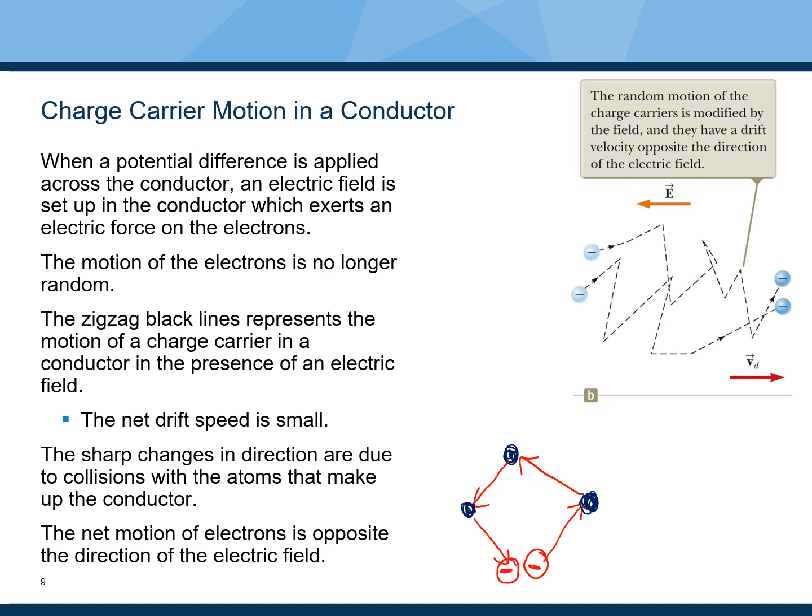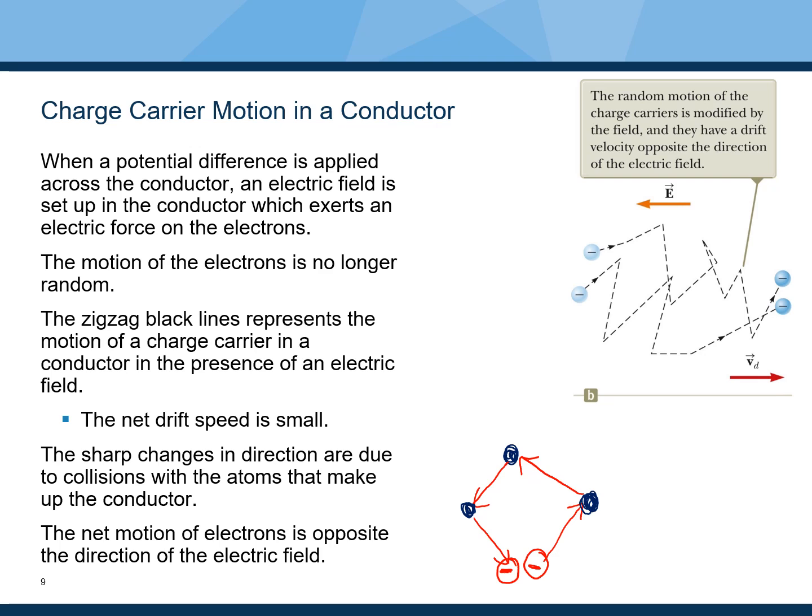So unless there's an external applied electric field, this electron is not going to move very far from its original location, even though it is moving at a very high speed, and even though it is having a great number of collisions with the atomic nuclei.